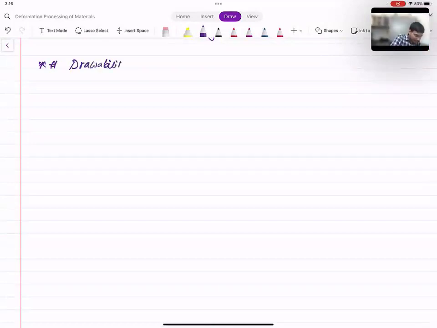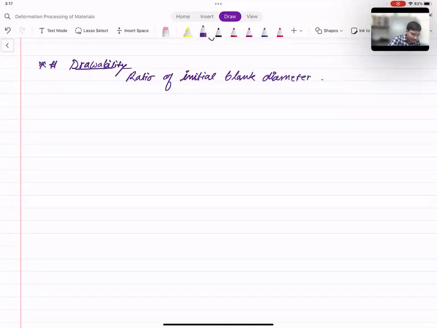So the next parameter which we are seeing is drawability. It is nothing but the ratio of initial blank diameter to the diameter of the cup.